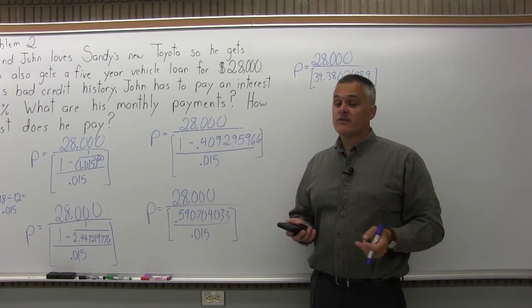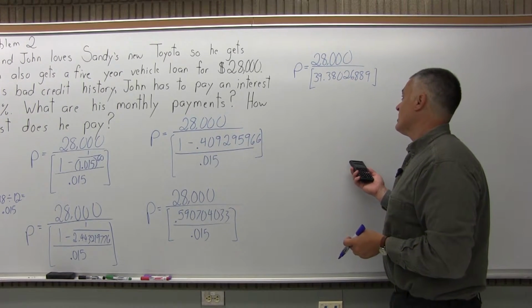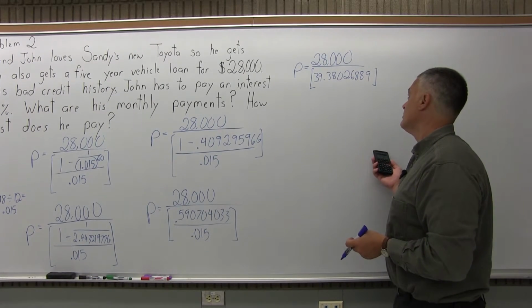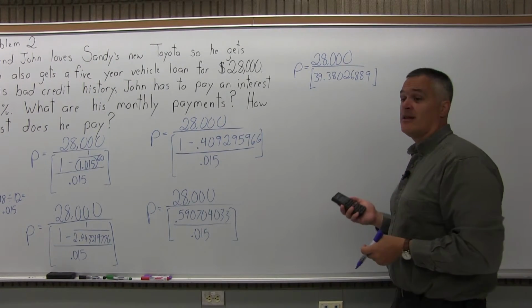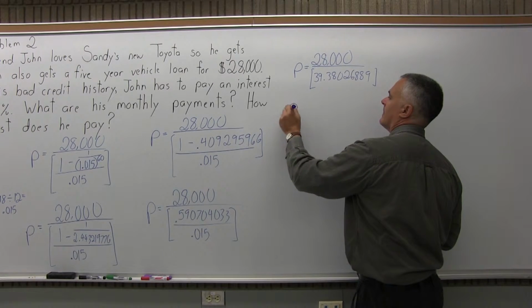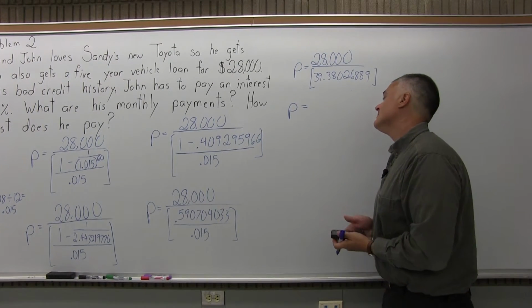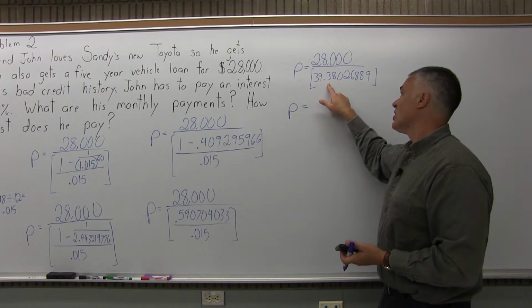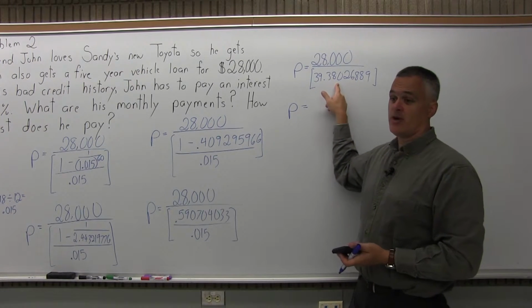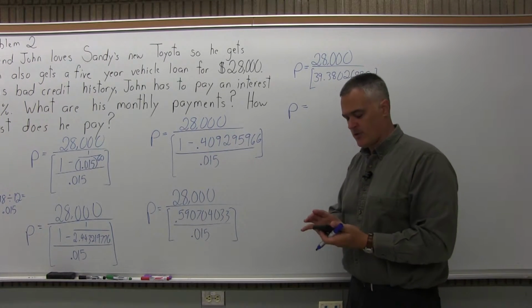So all I have to do is divide 28,000 by 39.380268889, and I'll have my monthly payment. And like I say, it's easier probably to save the denominator of 39 point something in memory and then do 28,000 divided by memory recall.